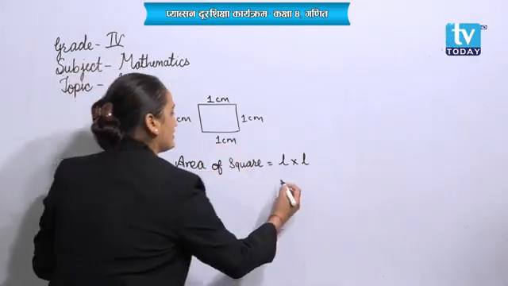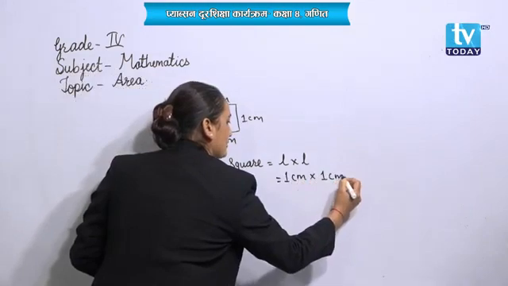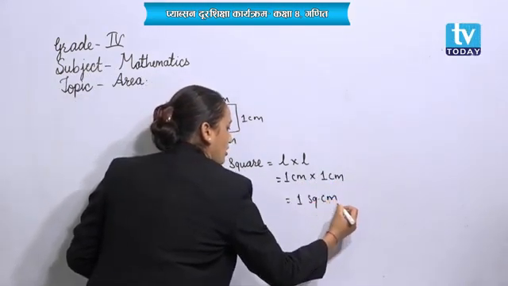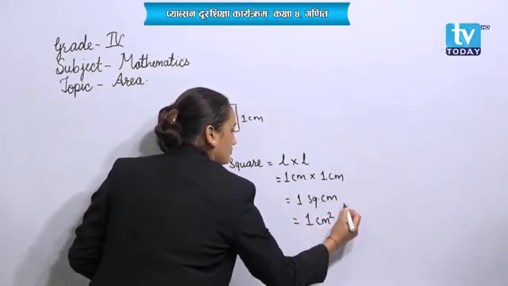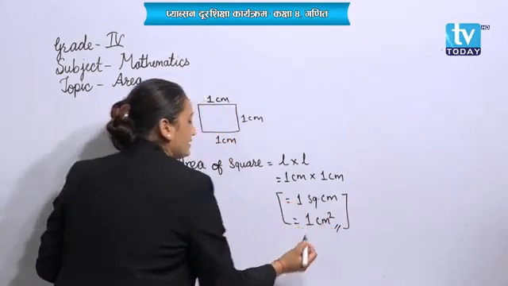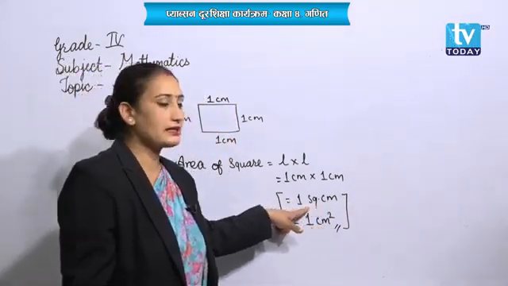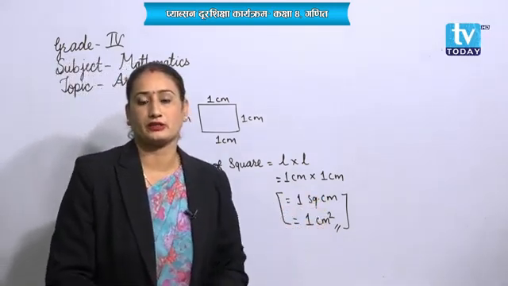So you can write 1 cm times 1 cm. It will be 1 square centimeter, or we can write it as 1 cm square. Both are the same. You can write it in the upper part or at the bottom, whatever you prefer.